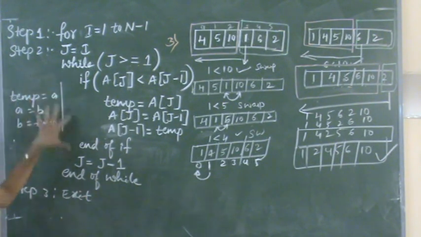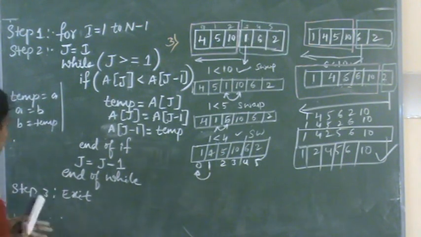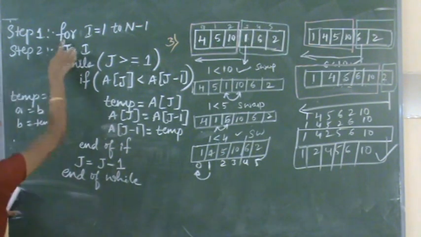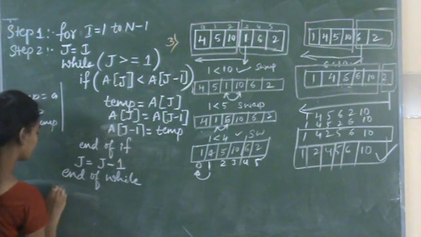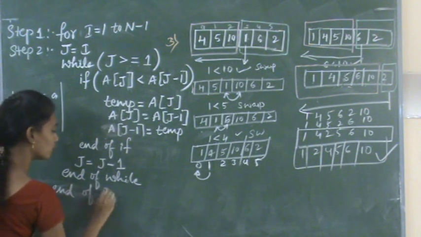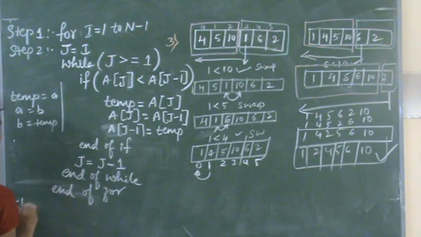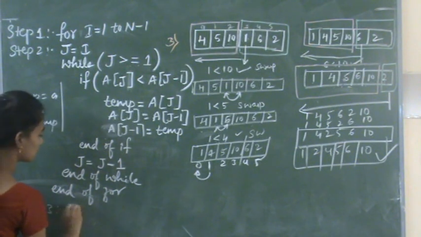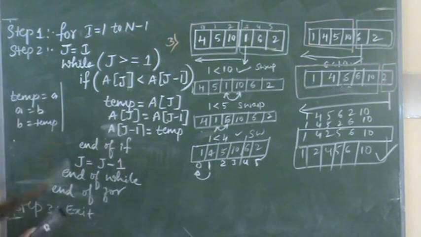So this is the insertion sort. Before that we need to close the for loop, that is end of for. After that the last step is exit. So this is the insertion sort algorithm.